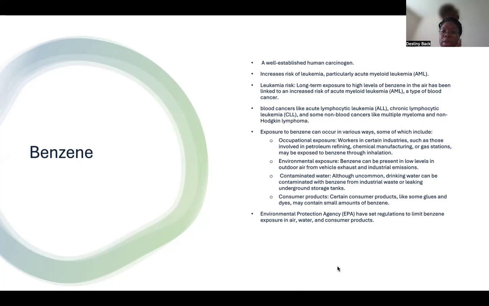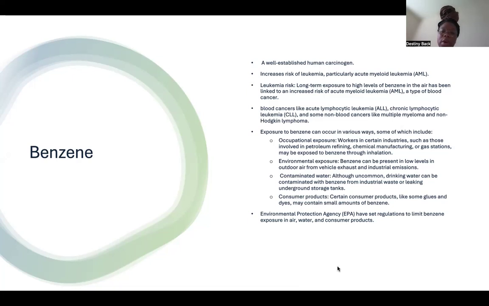Exposure to benzene can occur in various ways, some of which include occupational exposure. Workers in certain industries, such as petroleum refining, chemical manufacturing, or gas stations, may be exposed to benzene through inhalation. Environmental exposure can occur at low levels in outdoor air from vehicle exhaust and industrial emissions.